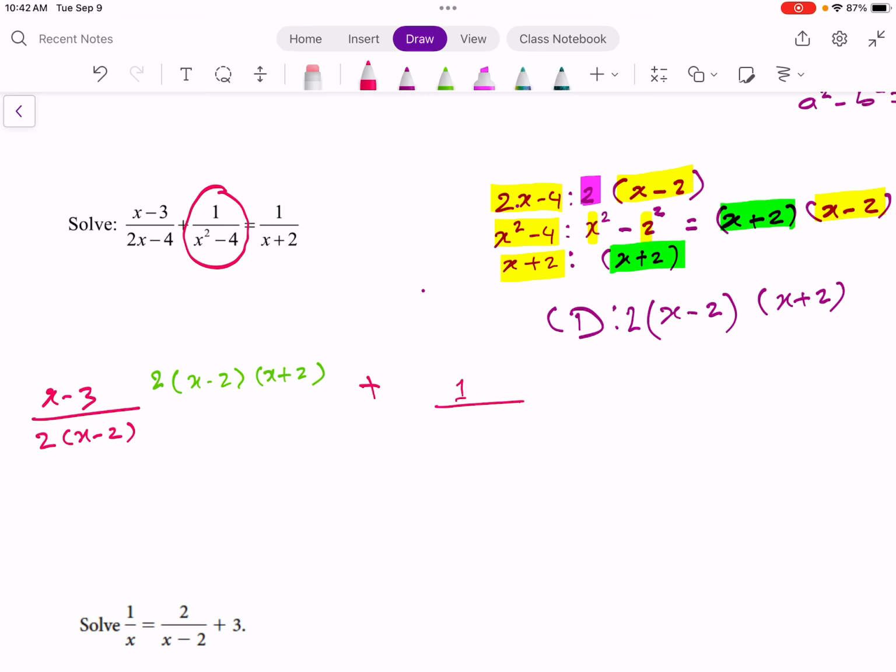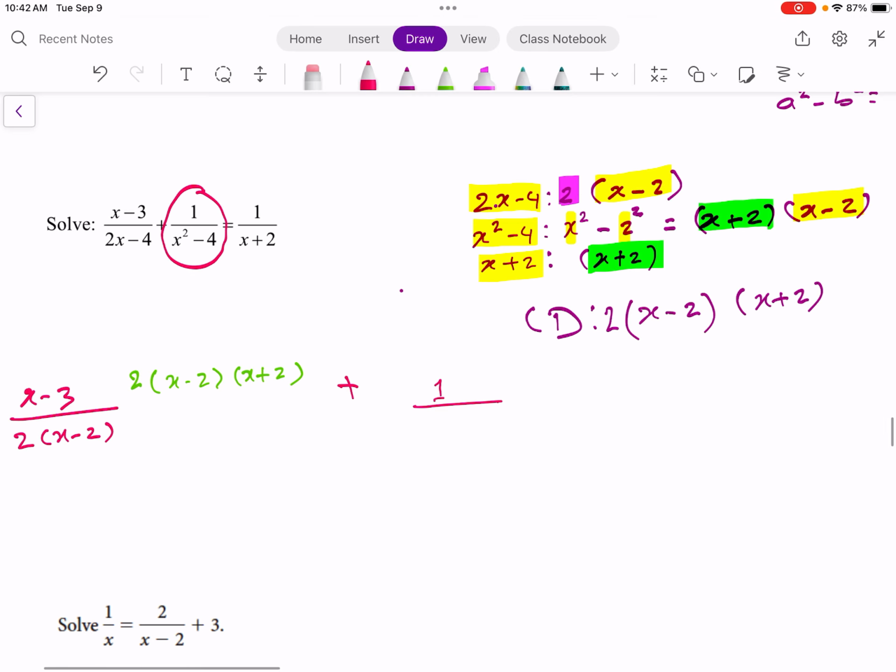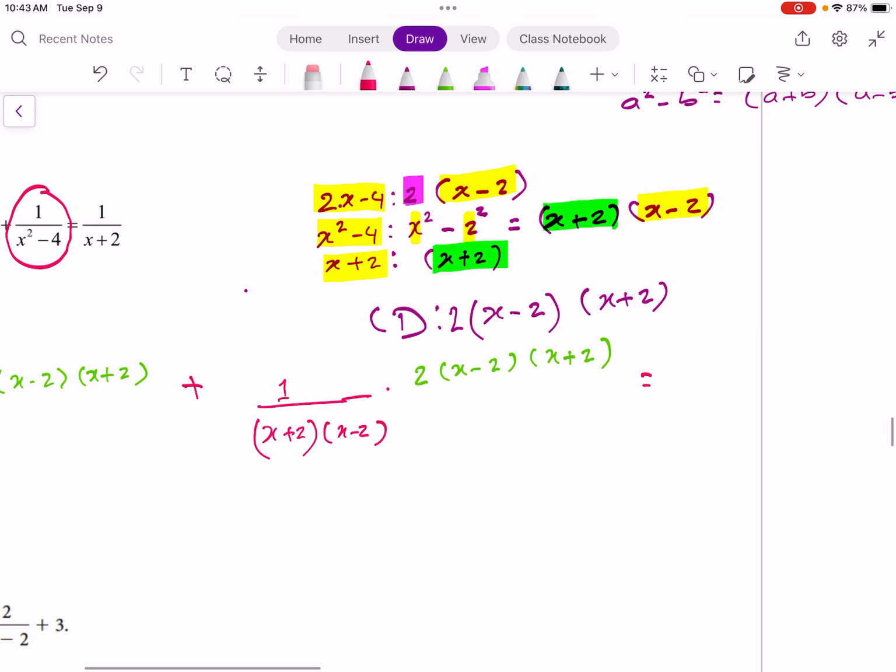How can we rewrite x square minus 4 in factored form? That is x plus 2 times x minus 2. You multiply this by the common denominator, which is 2 times x minus 2 times x plus 2. Then we have one more expression, 1 over x plus 2.